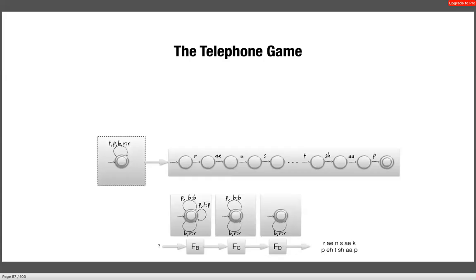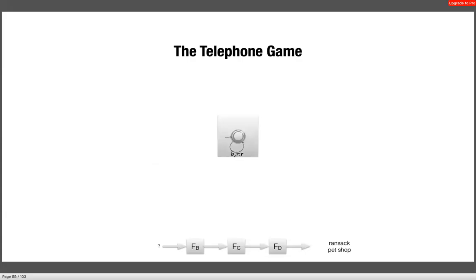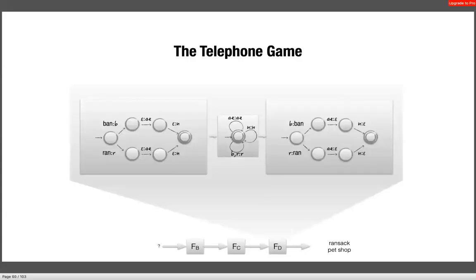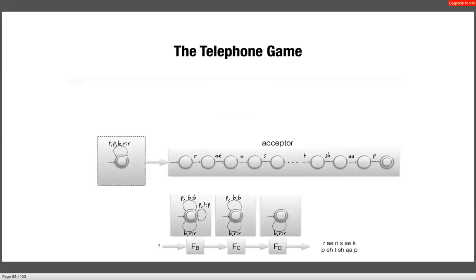So now, if I start with ransack pet shop, and I have this error model, which is the composed error model of all three speakers, B, C, and D, I'll take my ransack pet shop, which I can represent as an acceptor, just this linear chain acceptor. I'll compose it with my error model.